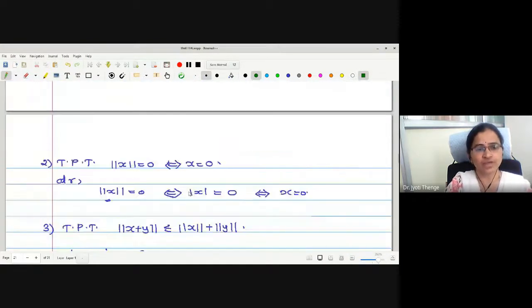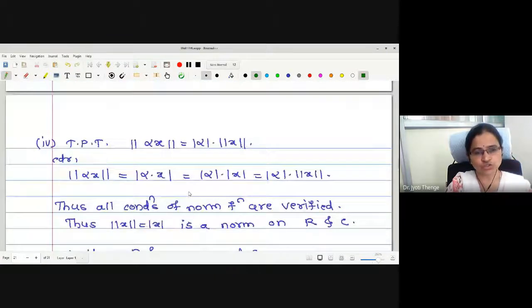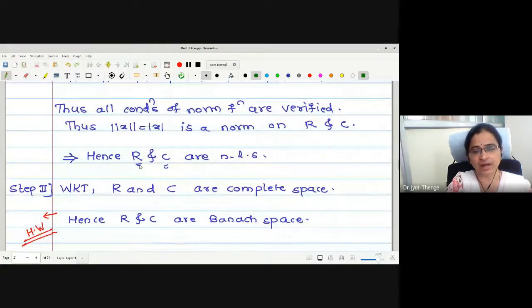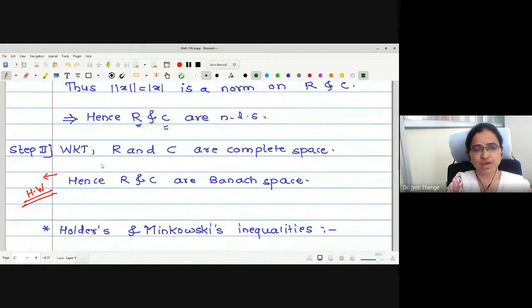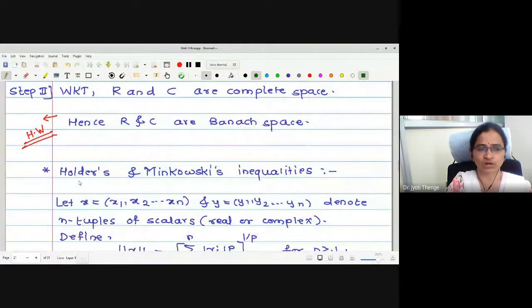Therefore, we have verified the four conditions of norm so that R and C both become normed linear spaces, and already we know that these two spaces are complete. Hence, we can write directly that R and C are Banach spaces. Actually, that these two are complete spaces was given as homework. I hope all of you have completed the homework, right?